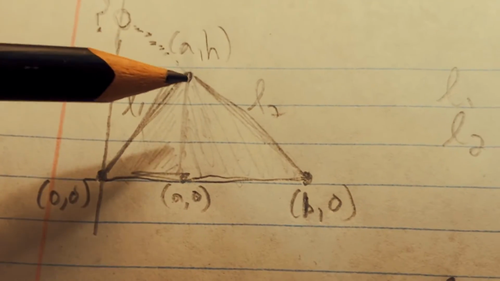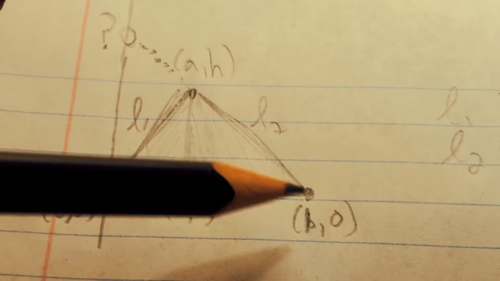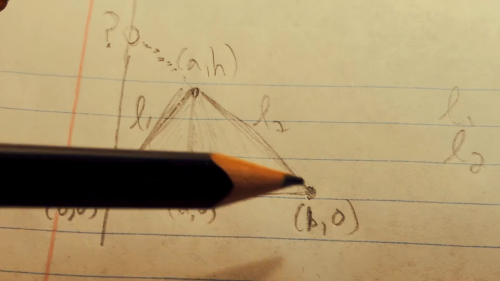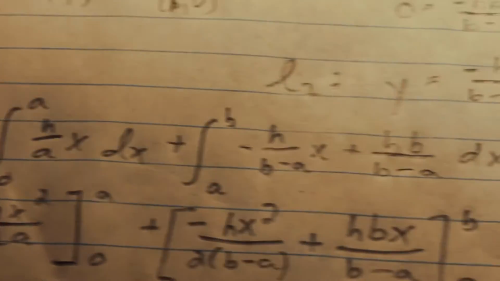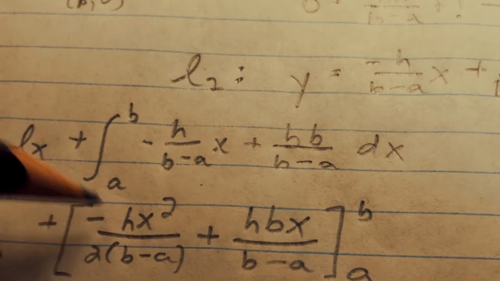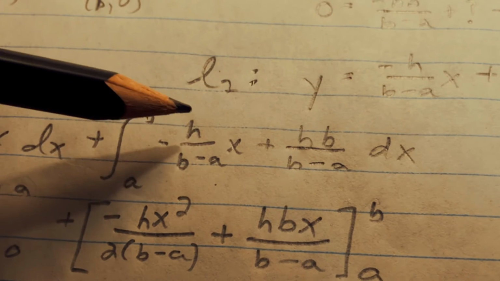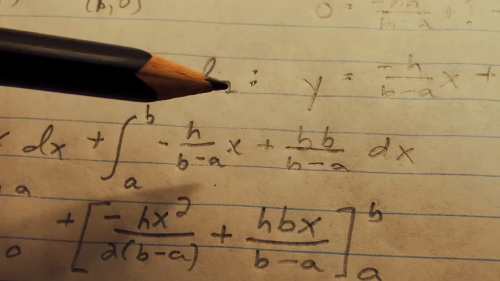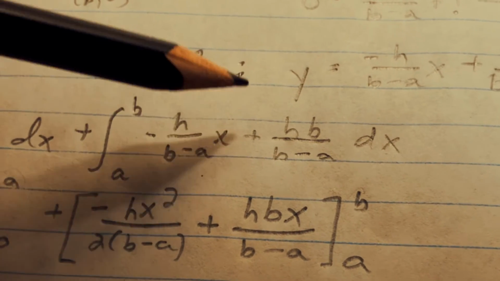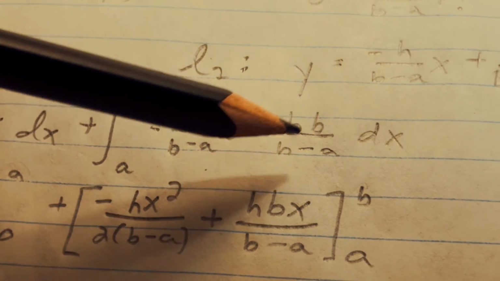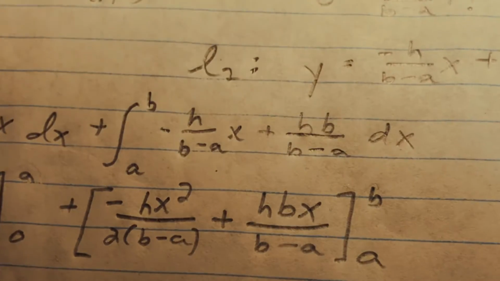Then I will need to integrate from A to B of the other line's equation. Here it is, the integral from A to B of negative H over B minus A times x plus HB over B minus A dx.